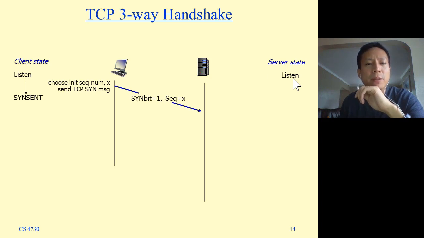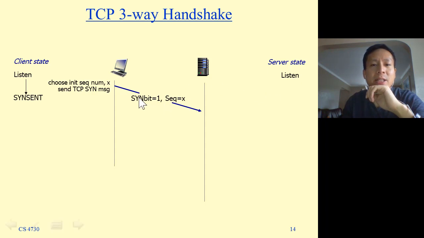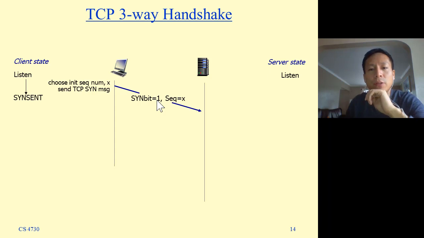Now the client initiates the connection. As we mentioned before, in the TCP header we have 6 control bits, right? To initiate a handshake, you have to set the SYN bit to 1, which essentially means this is the handshake process to synchronize something between client and server. It's the initial stage of the TCP connection.